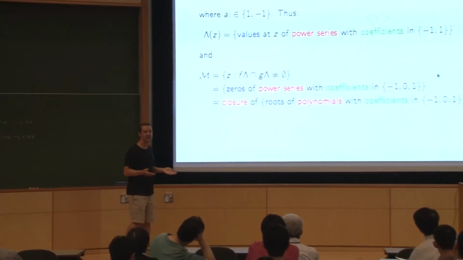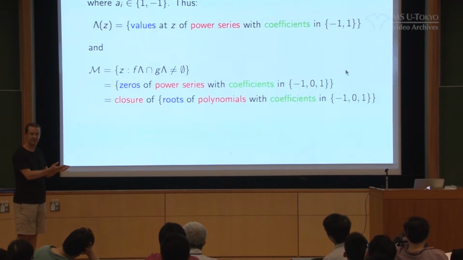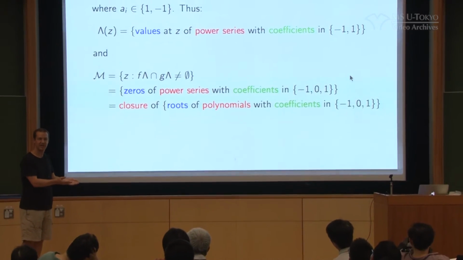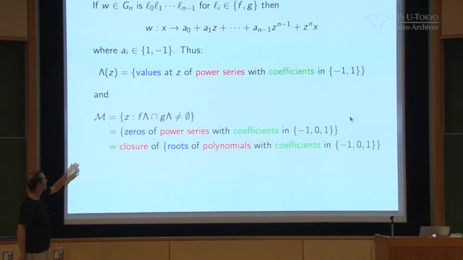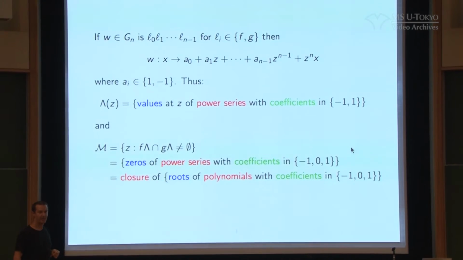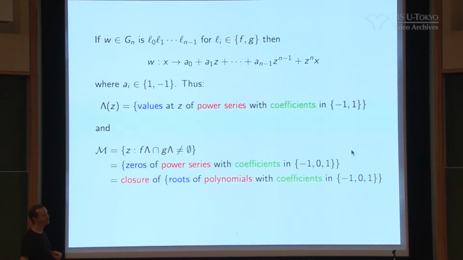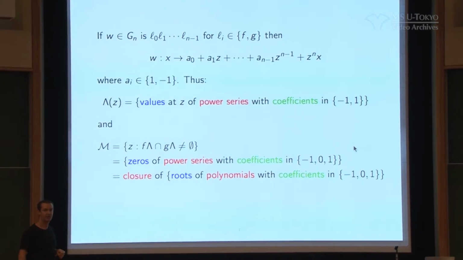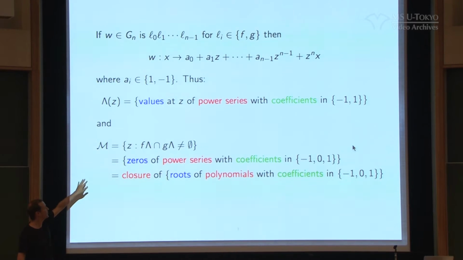What is lambda z? Well, it's this dynamical set, this minimal invariant set. On the other hand, it's the set of values at z of power series with coefficients in minus 1 and 1. Why power series and not polynomials? Because this is the limit set, the thing we get by applying elements f and g in some order infinitely many times.